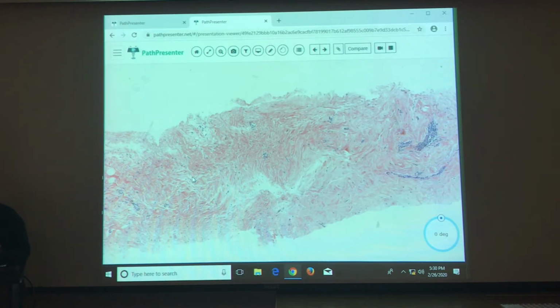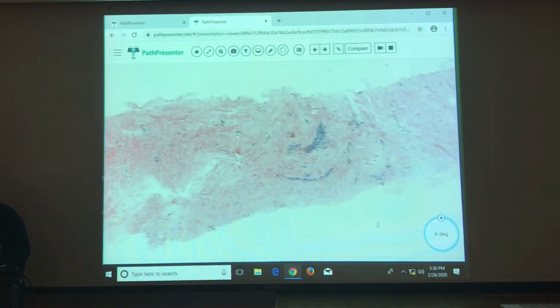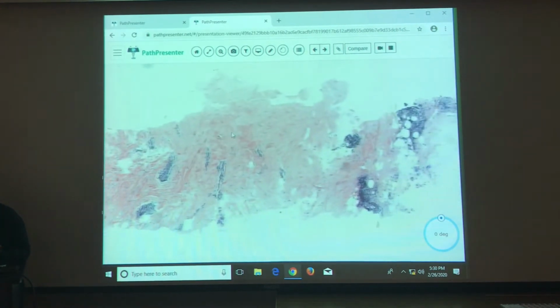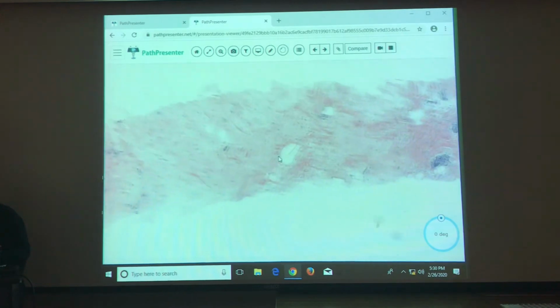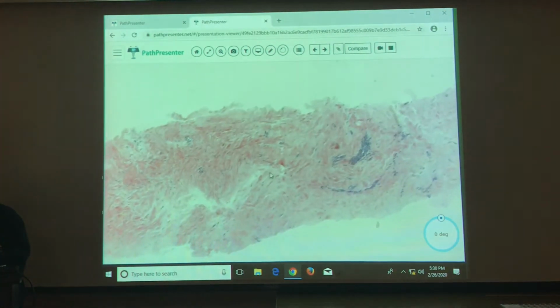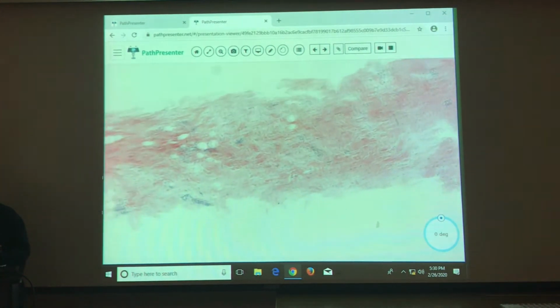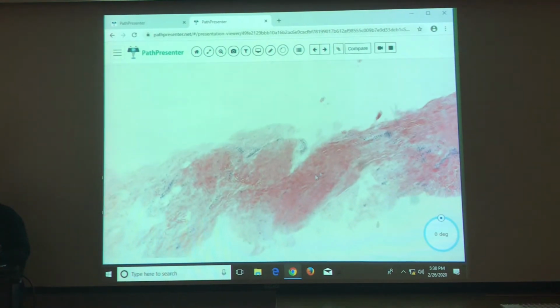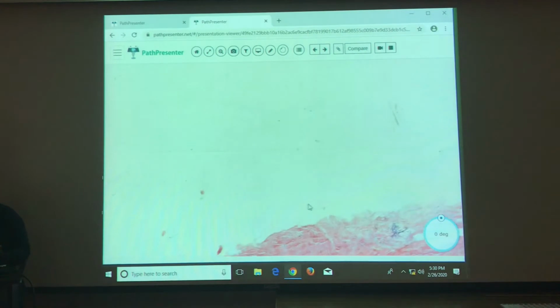It doesn't look to me like a fibroadenoma, because it's not well circumscribed. The glands are kind of okay. I don't see proliferative glands. The only thing here is the fibrotic or sclerotic stroma.